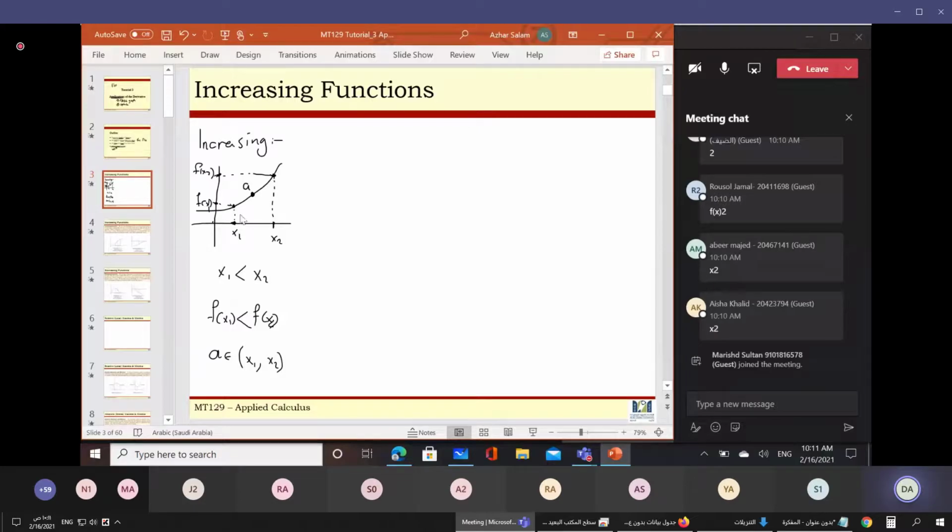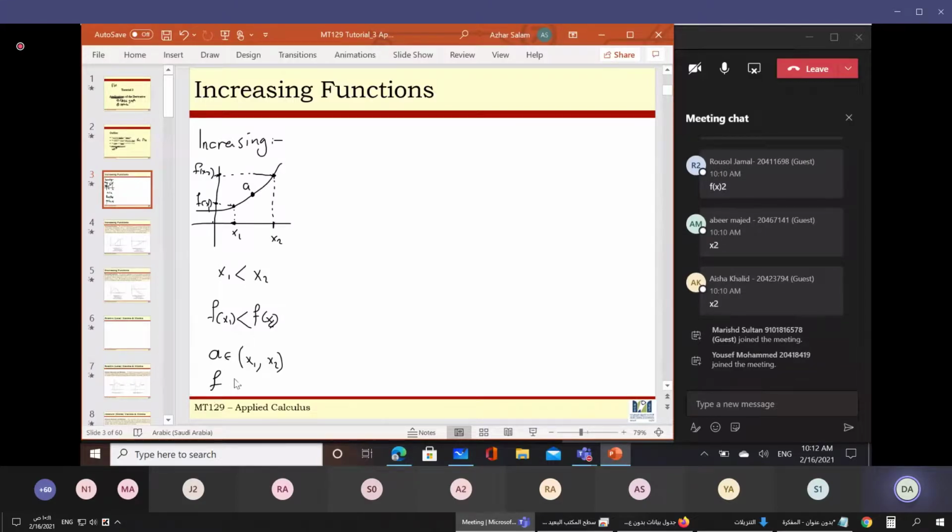The function in this interval is increasing, so the function f at the element A is increasing. I will always write an arrow going up like that to denote the increasing function.